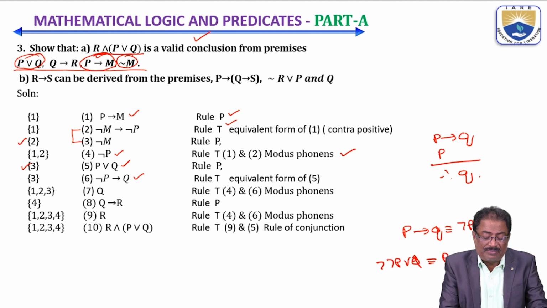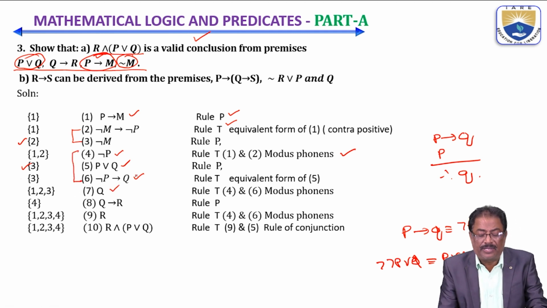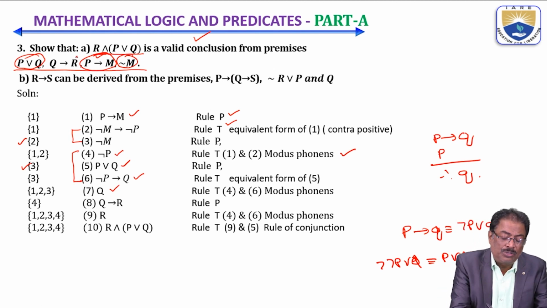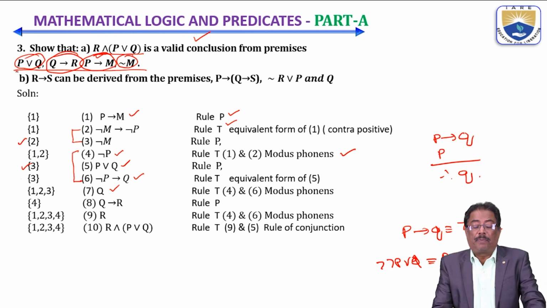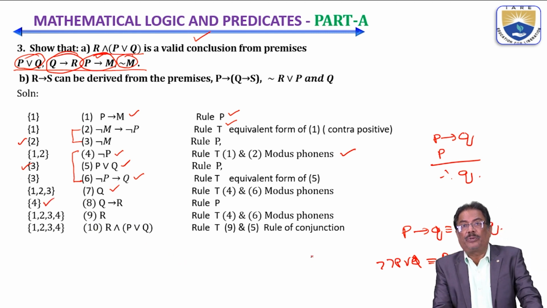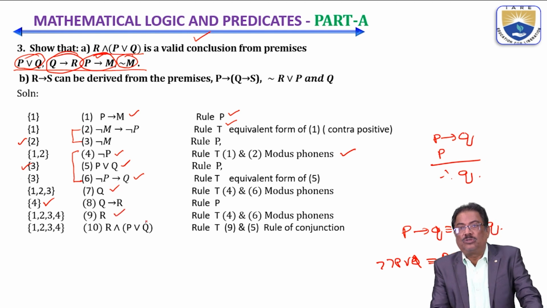Then from these two, 4 and 6, we apply modus ponens, then we are going to get Q. Once we get Q, then I am going to take the remaining premise as 4, then I am going to get if Q then R. Then I am going to combine 7 and 8, apply modus ponens once again.